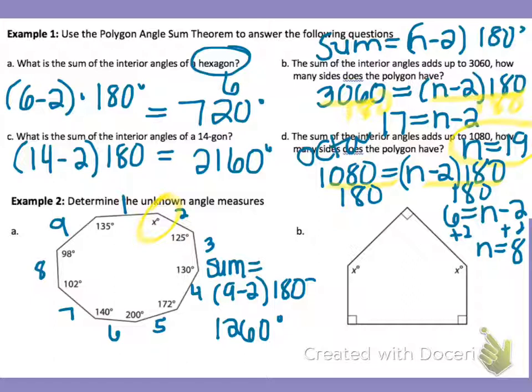So I could subtract, let's see, starting as I go around, 125, then I could subtract 130 from that, 172, there's a 200-degree angle, that doesn't even make sense. It can't be 200. There's no way that angle right there is 200, so there's a little error on this problem. We'll see if we can figure something out. But that can't be 200 because that's not even over 180 degrees. So something's not quite right with that.